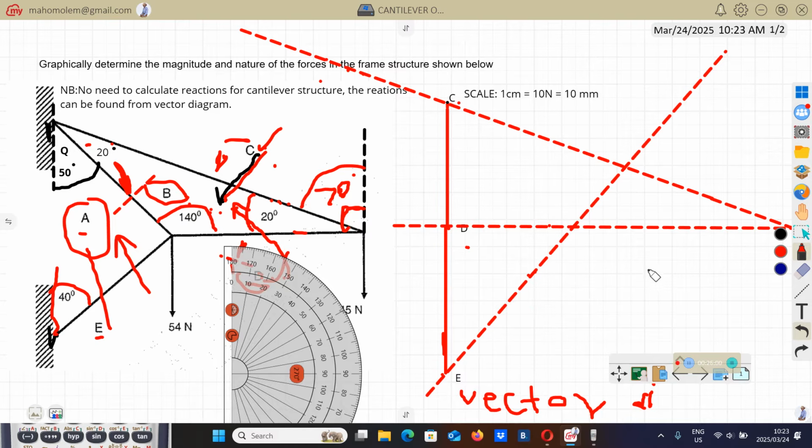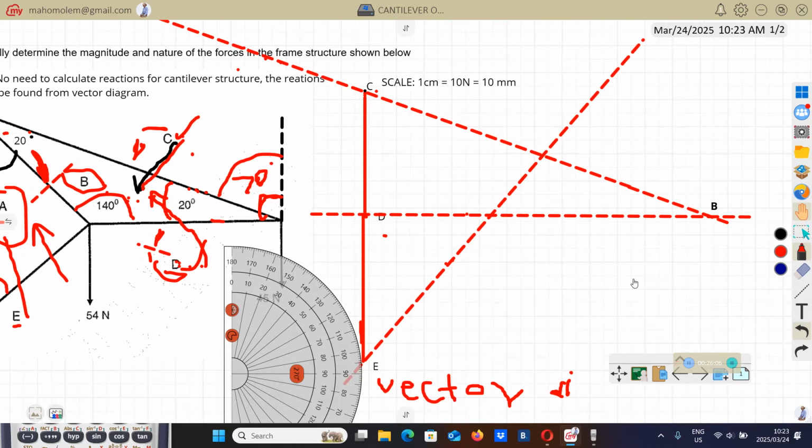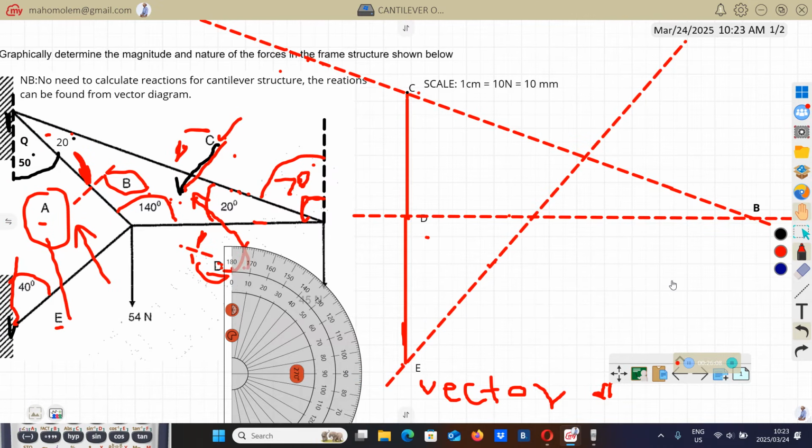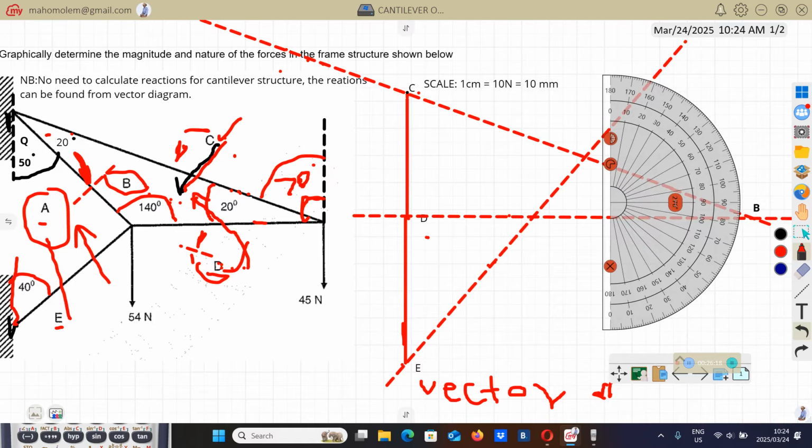Right. Then you'll come with a protractor. We go to B. Yeah, here's B. Let me take the protractor and put it there. Let me turn it.